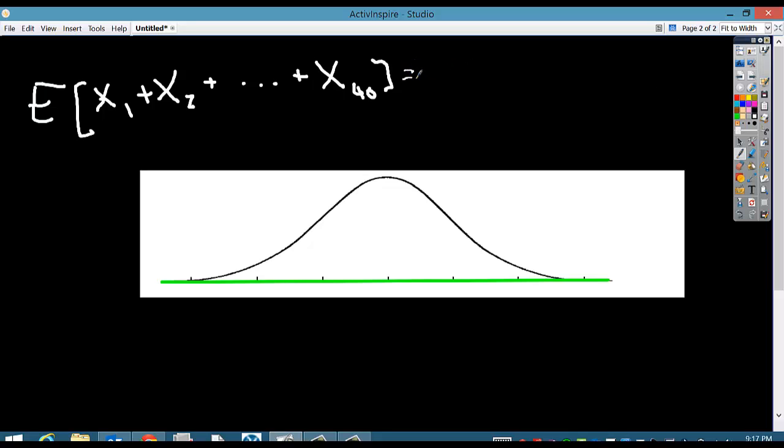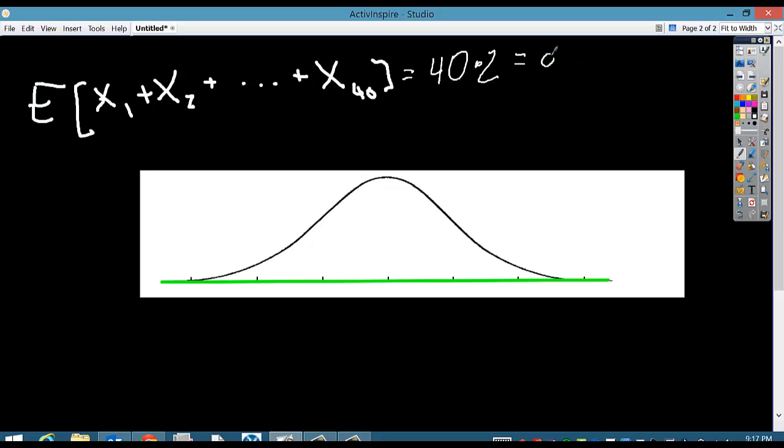So what will this equal? Well, every one of them is, what did we say, $2? Yeah, we expect $2 on every single one of them. So really this does just come down to 40 times 2, even though our random variable is not 40X.